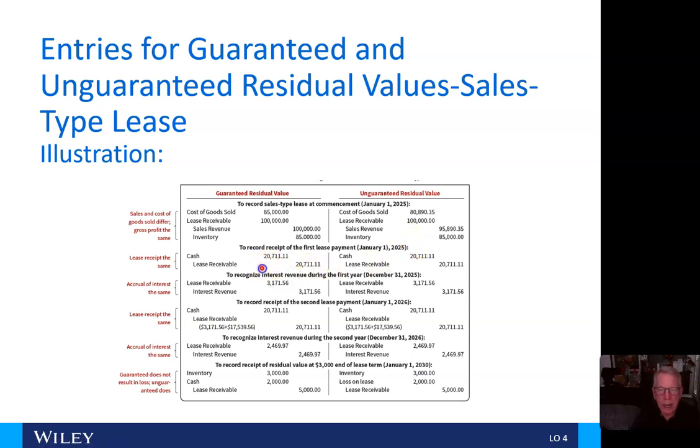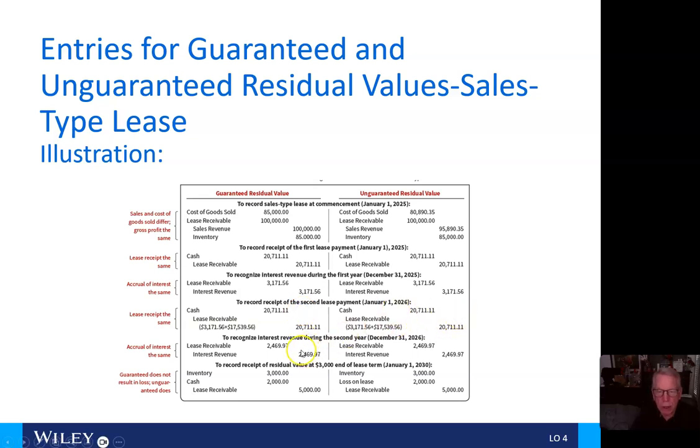Our cash and lease receivables at $20,711.11 are the same under both scenarios here. And our lease receivable and interest revenue are the same in both scenarios. And then the receipt of the second lease payment is going to be the same here.